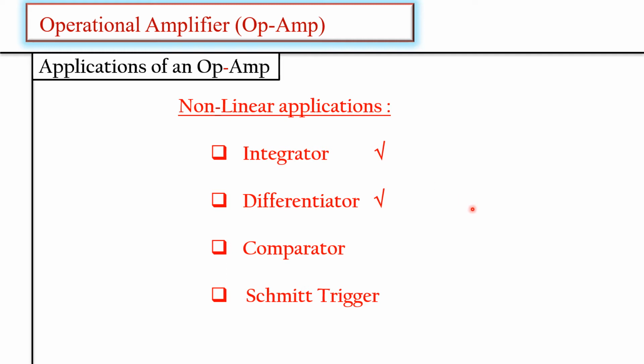So let us see how to design a differentiator circuit. In today's lecture we are going to see the output derivation for the differentiator circuit. In the next lecture we will see comparator and Schmitt trigger.